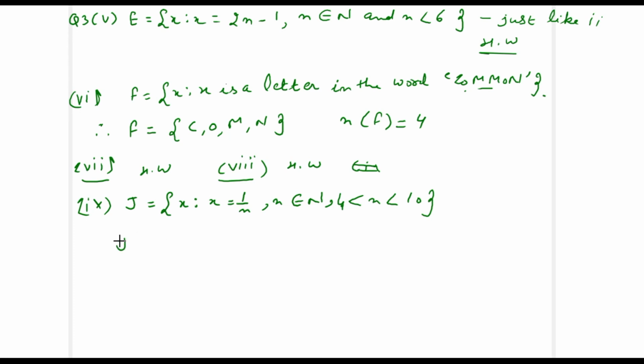J equal to 1 upon n: 1 upon 5, 1 upon 6, 1 upon 7, 1 upon 8, but less than 10, 1 upon 9.